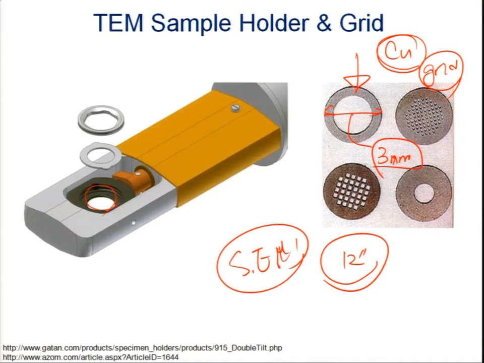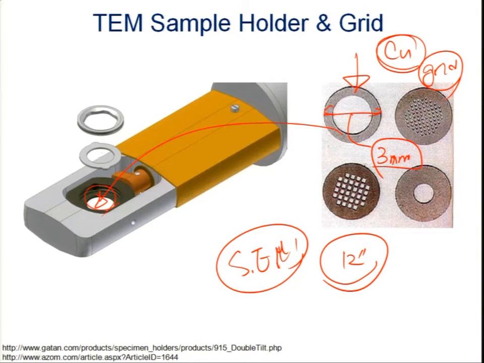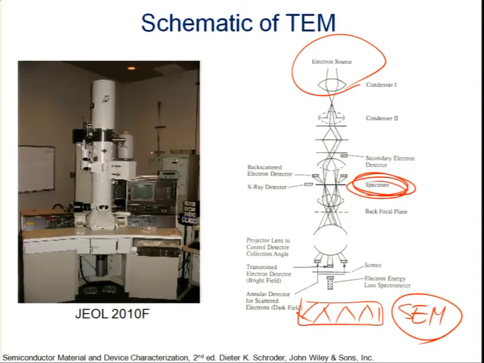After putting this grid into the holder, people just have a lock, so we can tilt the samples however we want. We have specialized holders attached in the middle of the column.